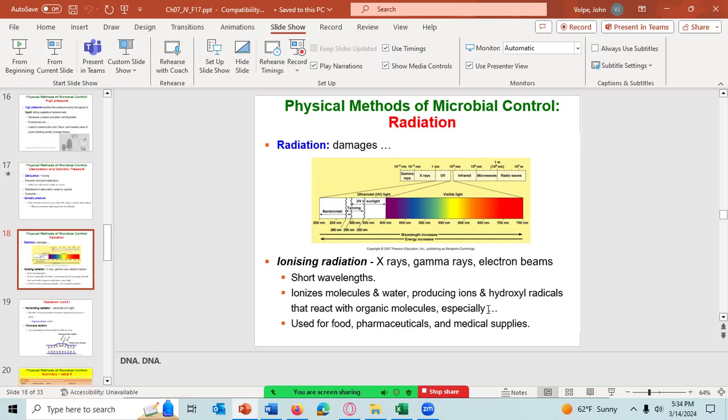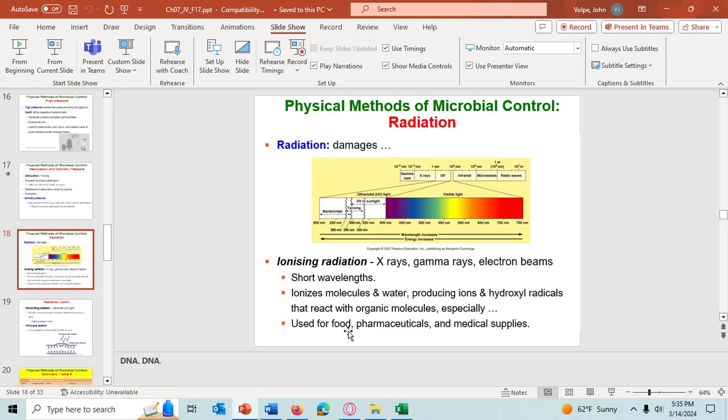Ionizing radiation is sometimes used for sterilizing food, pharmaceuticals, or medical supplies. Most food, if you see it in the grocery store, if it's packaged and sealed, and it's just sitting on the shelf at room temperature, it's probably been ionized.